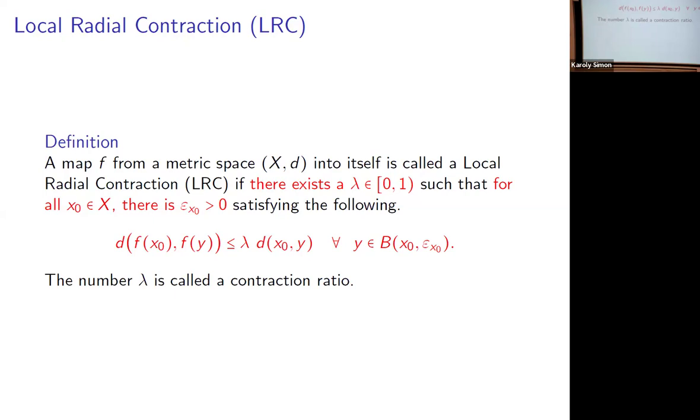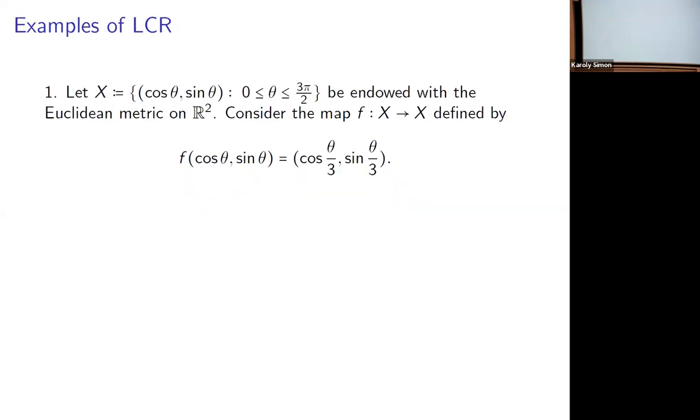Here x naught and any y in the ball. So in that case, this type of function contracts, and therefore they are called local radial contractions, or one can say pointwise contractions as well. There are some examples of this type of contraction.